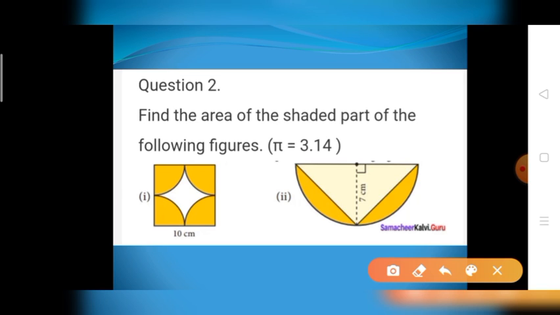This is the first quadrant, second, third, fourth, so the four quadrants make the shaded part only.